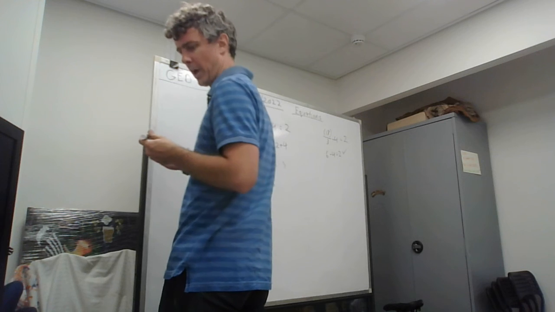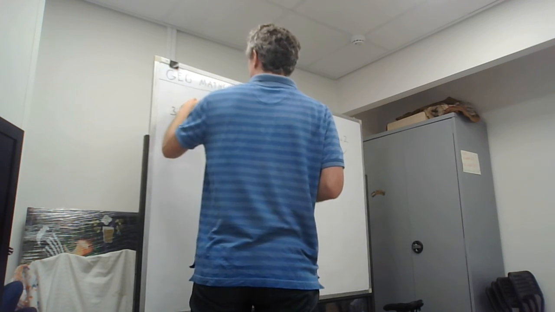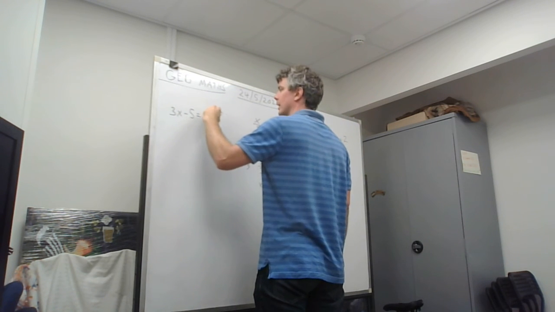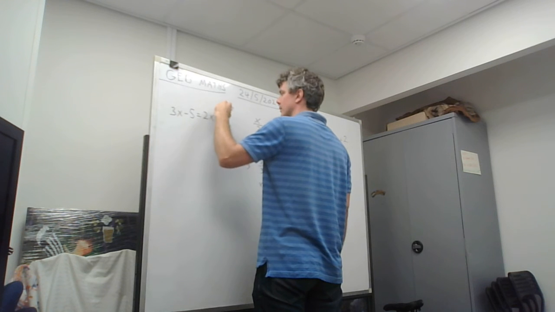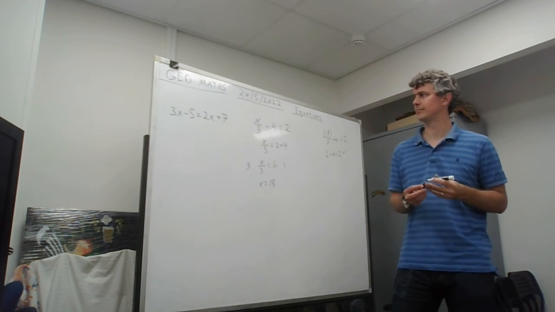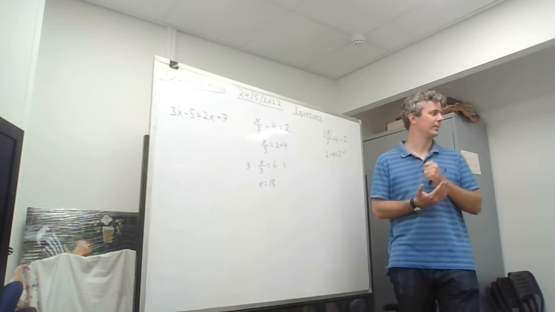What happens when we have multiple x's? Let's say we have 3x minus 5 equals 2x plus 7. Now what are we going to do?